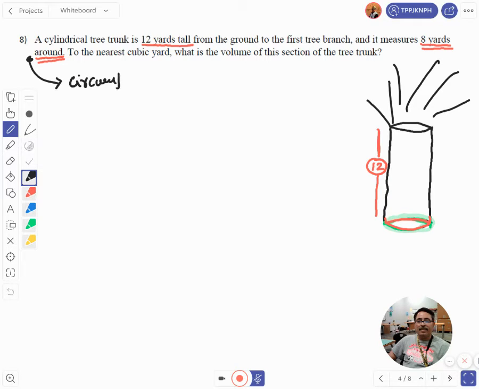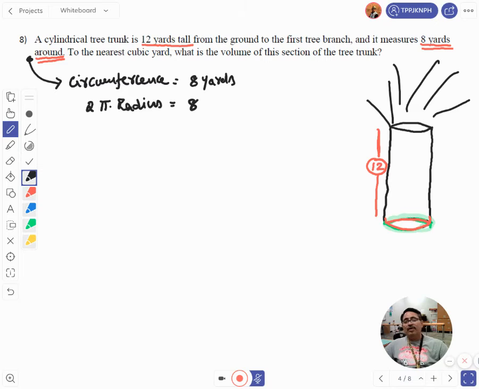So the circumference is given as 8 yards. Let me write the circumference of a circle formula, which is 2 times pi times radius. As I mentioned before, you have to memorize all these rules. This equals 8.